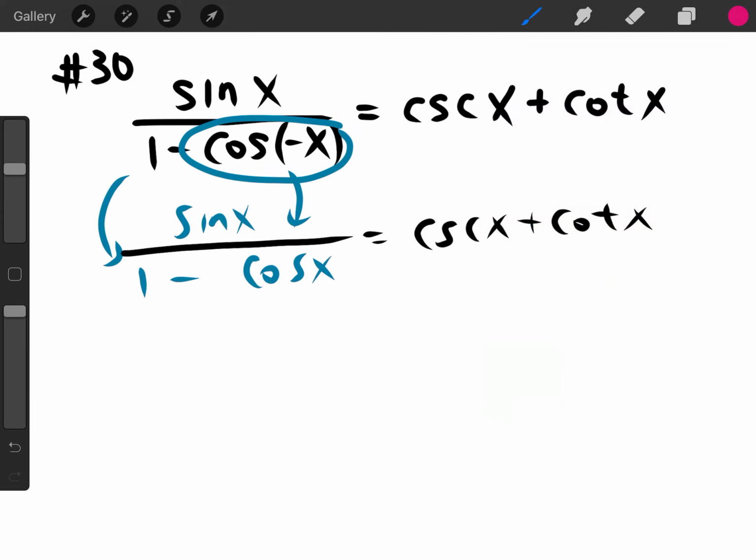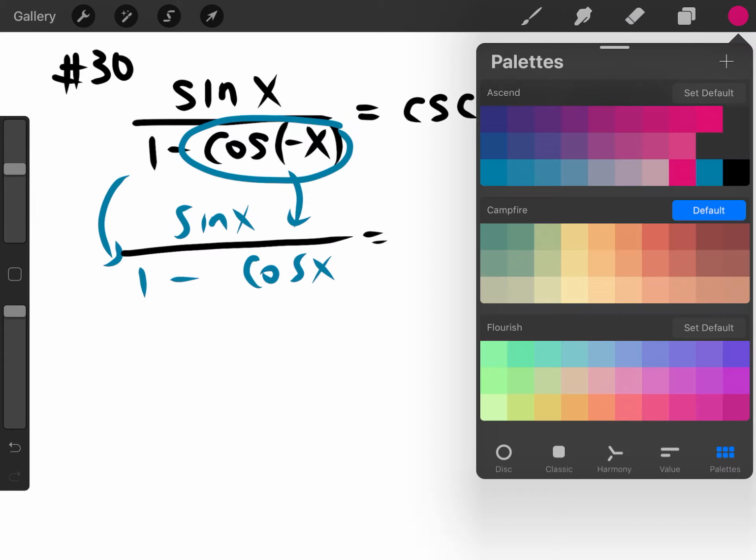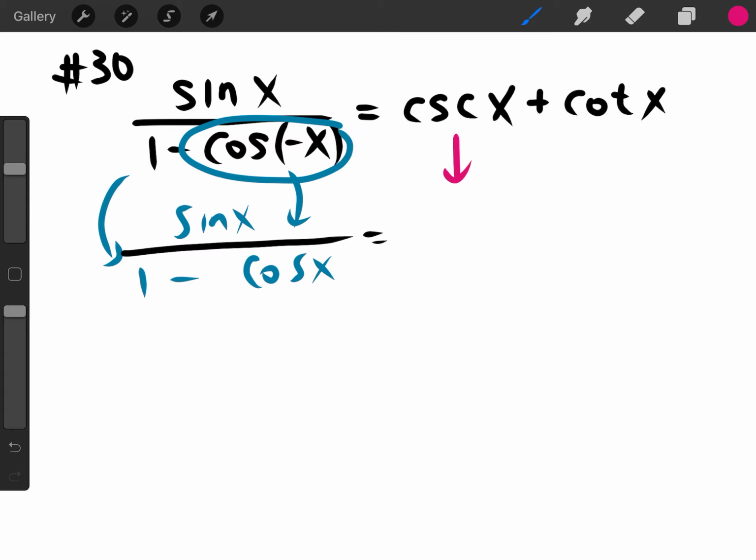Okay, so this is what you do. Sometimes when on the left side you don't know what to do with it, you can actually use the help from the right hand side. So instead of writing the cosecant x plus cotangent x, I'm actually gonna write that in the reciprocal form.